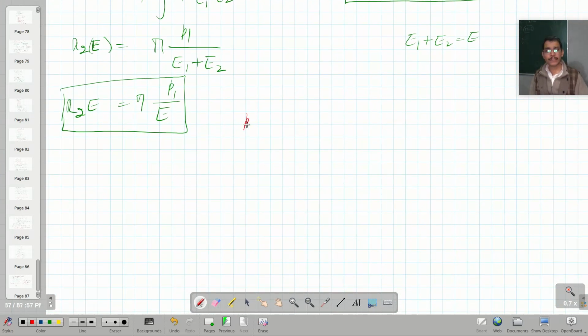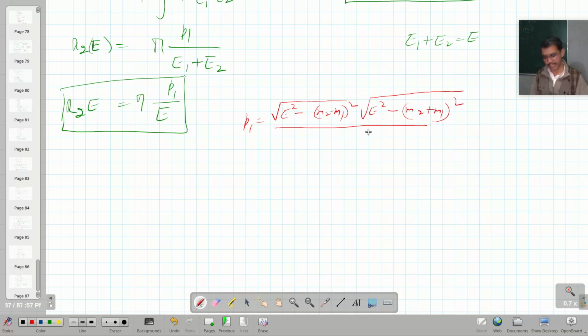This p1 is equal to under the root (E square minus (m2 minus m1) whole square) and under the root (E square minus (m2 plus m1) whole square), whole divided by 2E. It is the value of p1.